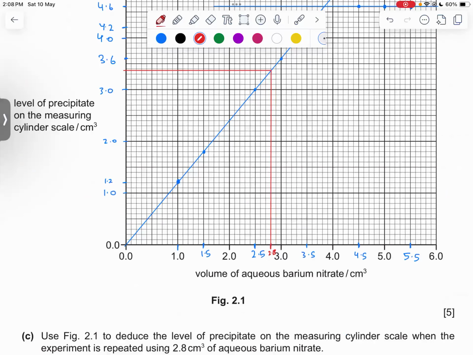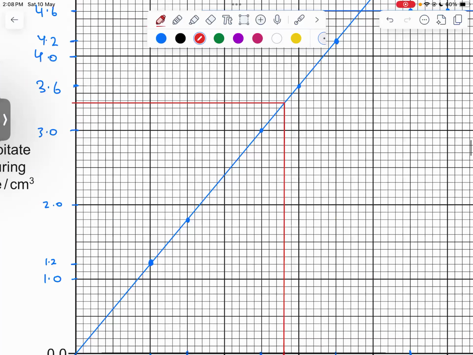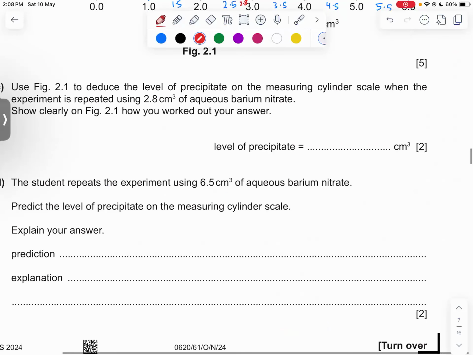Once we go up, we are going to go this way, and going this way, we can see that it is between 3.3 and 3.4, but very close to 3.4. So we can call it 3.38.